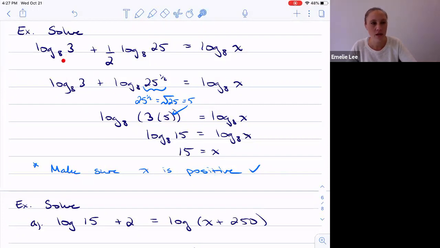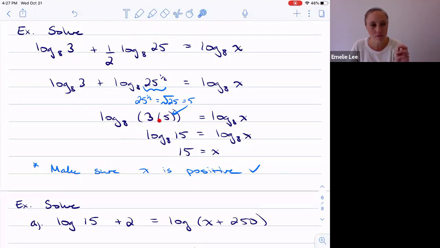Okay, so we've got log base 8. So you can combine these logs, right? But the first thing you'd have to do is bring this power back upstairs onto the 25, so that's where the root of 25 is coming from. But then by the log laws, if you're adding 2 logs of the same base, then you can combine them into 1 log by multiplying inside.